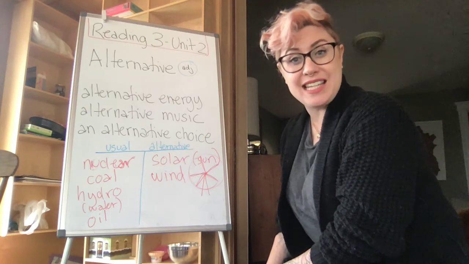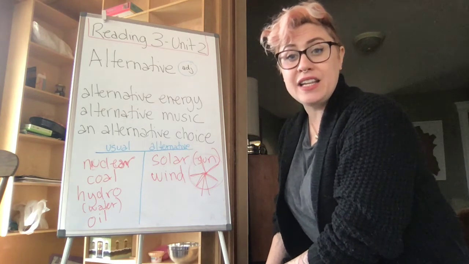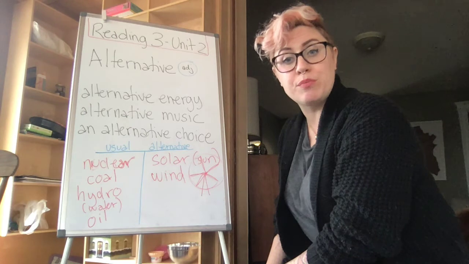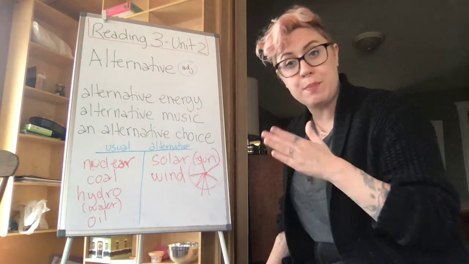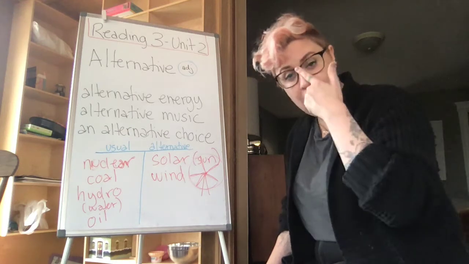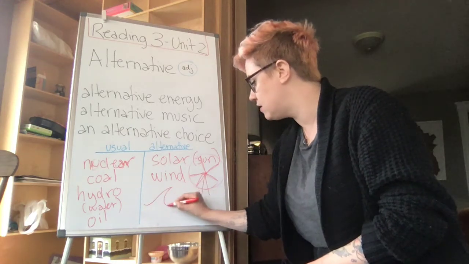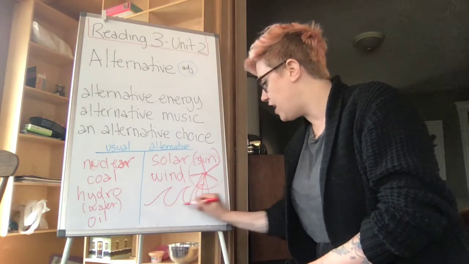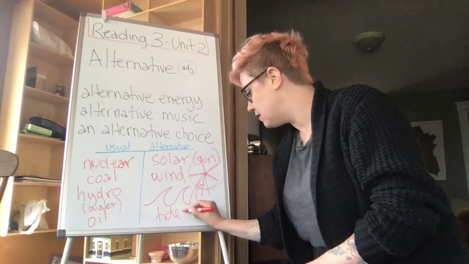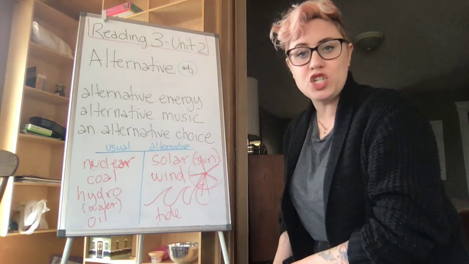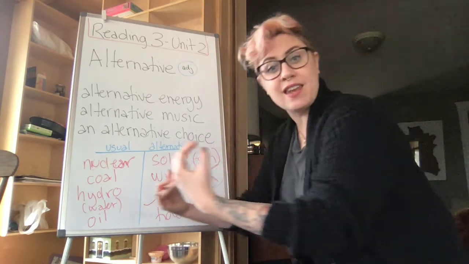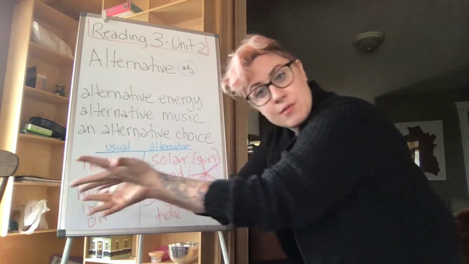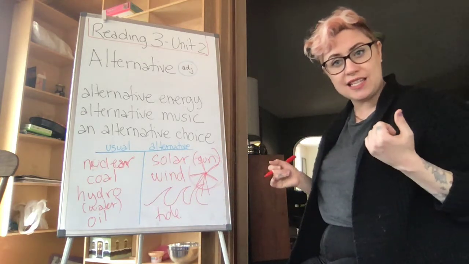When I lived in England, I lived in a city called Brighton, and Brighton was right on the water, right on the beach of the English Channel. And there, they use tide, which is when water moves in during the day and then moves out during the day.